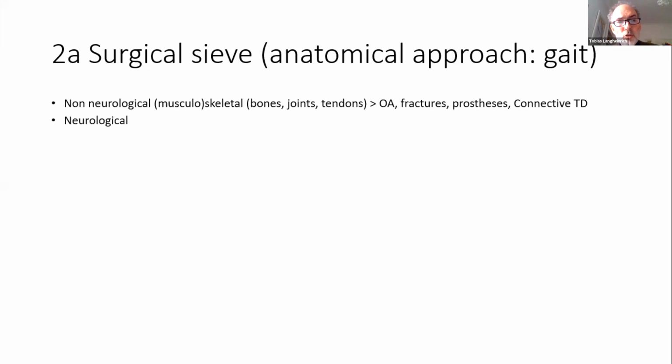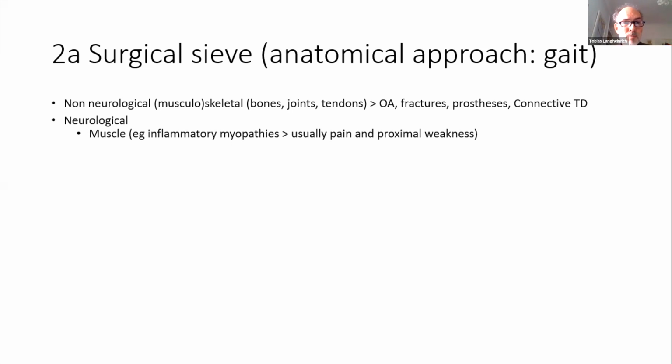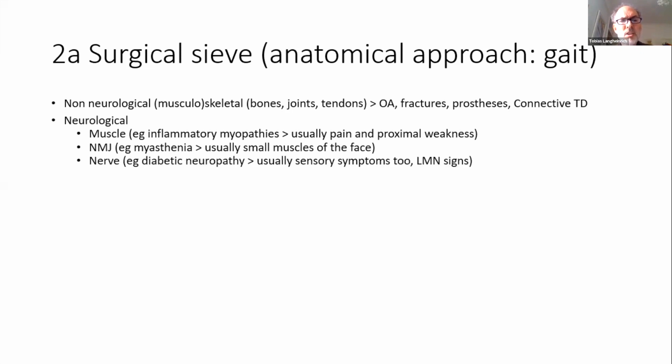With regards to the neurological part of the locomotor system, if you start most distally, people can have problems with their mobility because of a muscle disease, for example, inflammatory myopathies, but they usually cause pain and a proximal weakness. Neuromuscular junction is the next, purely anatomically. Myasthenia is the common disorder, but this usually affects the small muscles of the face, so not usually causing a problem with differential diagnosis.